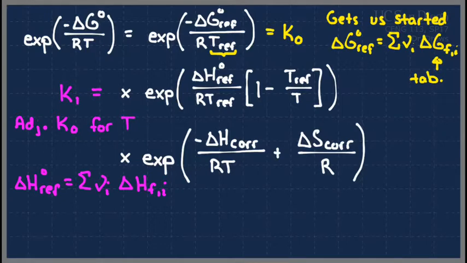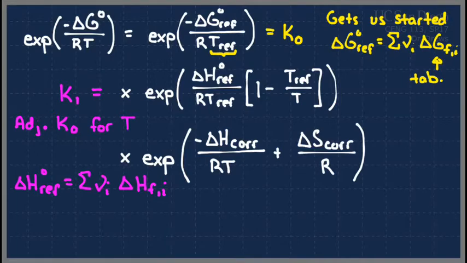Again, the only ones that we have laying around are the ones that we can look up as enthalpies of formation. So now I've got something that's tabulated. I can get a K0 from tabulated values of Gibbs free energy of formation. I can adjust K0 for temperature by looking up delta H of formation.